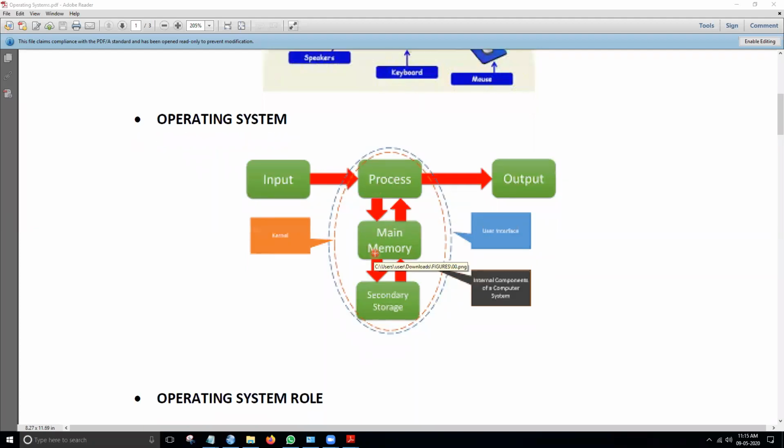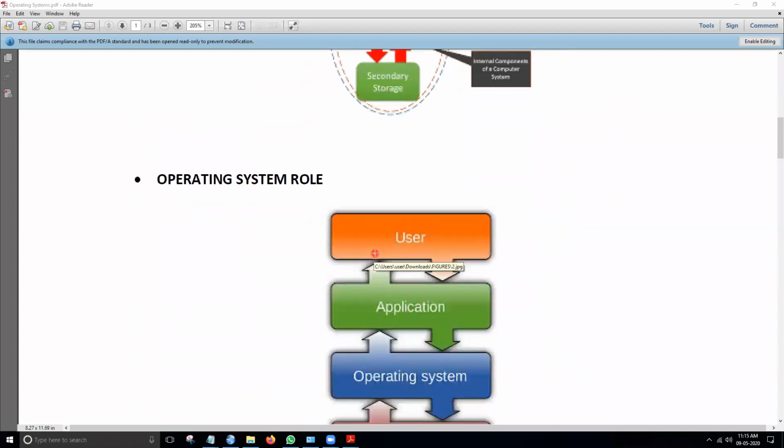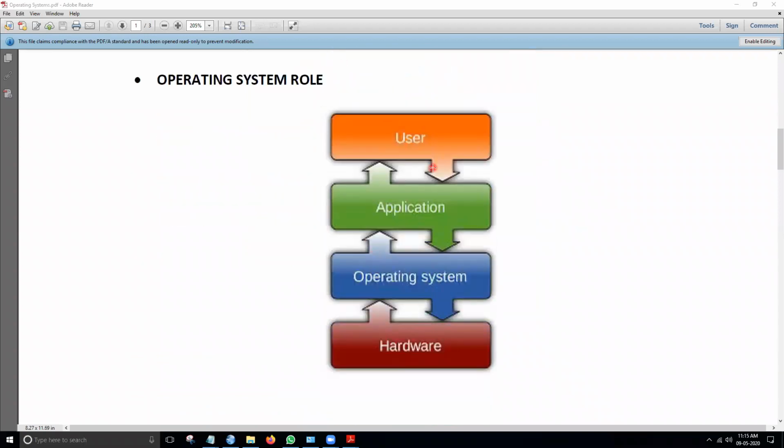Now, when we come to this particular area, the operating system is nothing but the interface between the user as well as the hardware. These two things are on one side and the other side, and the intermediate component is what makes the interaction. It has a different protocol.